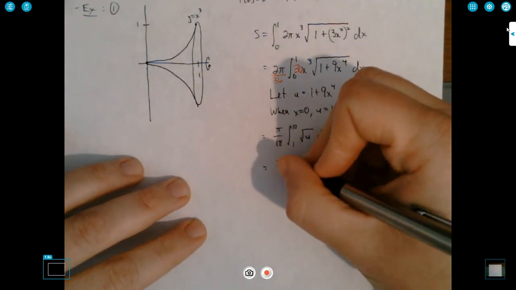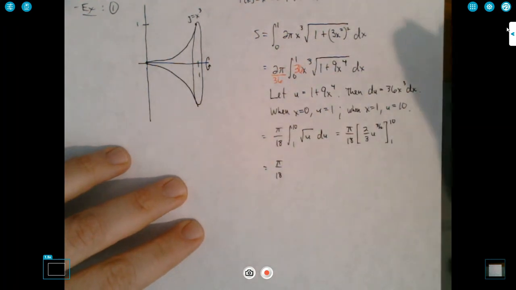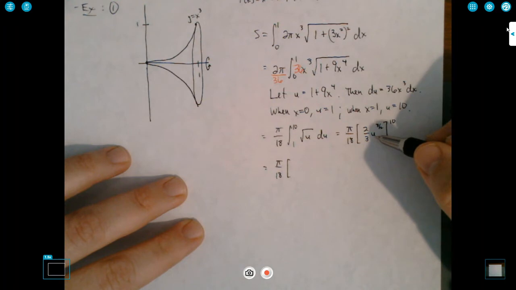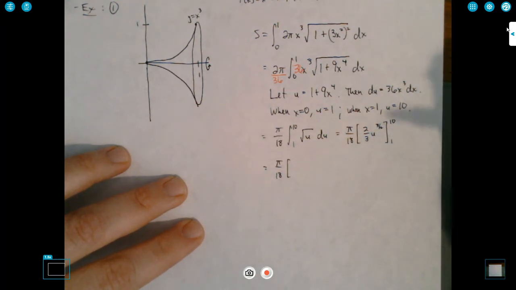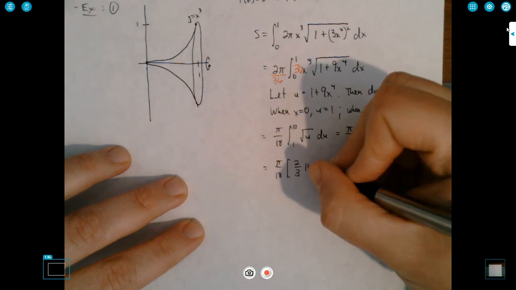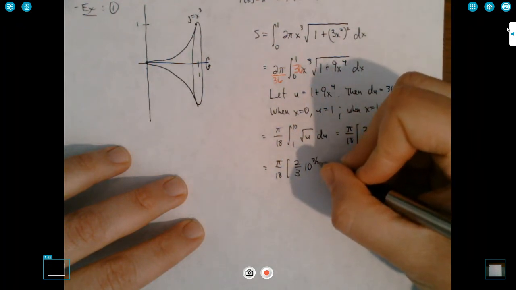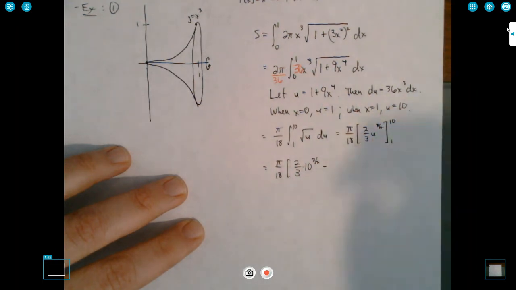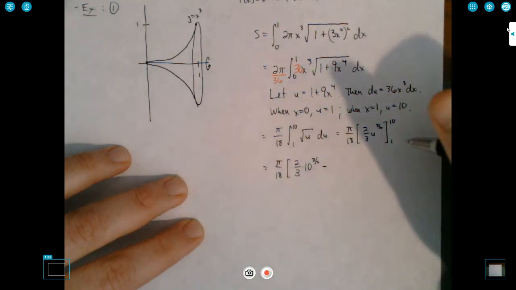This is going to be pi over 18 times, if I plug in 10, gosh, square root of 10 is not nice at all. It's just going to be 2/3 times 10 to the 3/2. Minus, if I plug in 1, well, that works out a little bit more nicely.